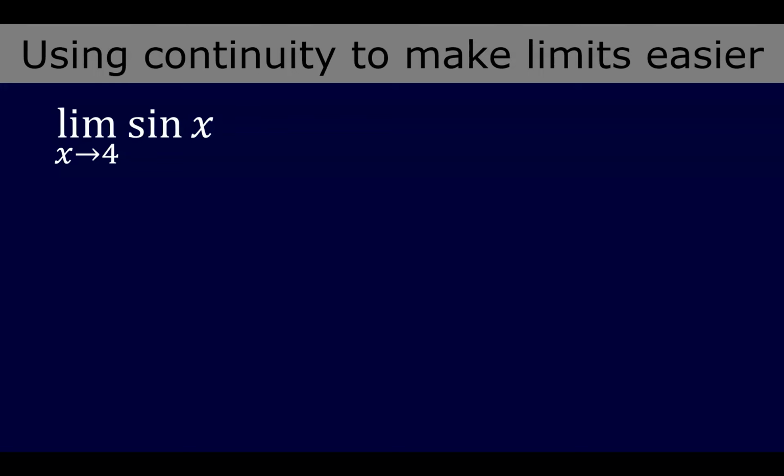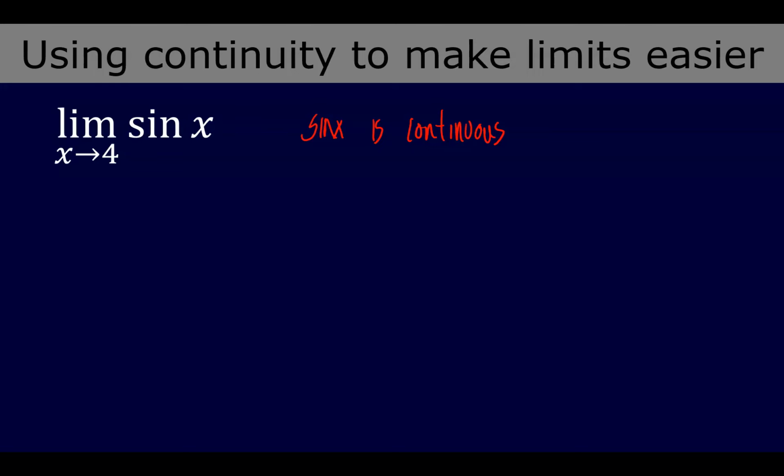So even though sine's not a polynomial, if you know sine is continuous, and you should, you can imagine the graph of sine, something like that. Well, sine of x is continuous. And the nice part here is, sine of 3.9, sine of 4.1, those are numbers, but they're not memorized values.